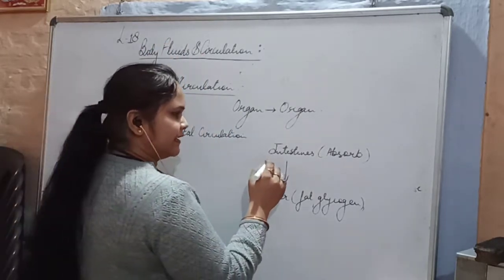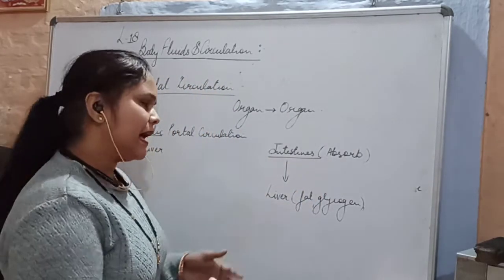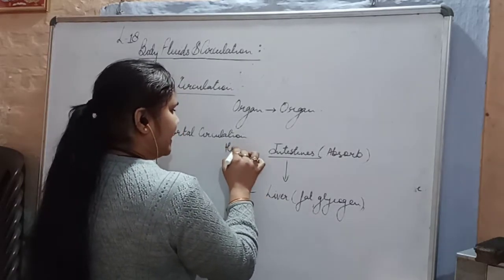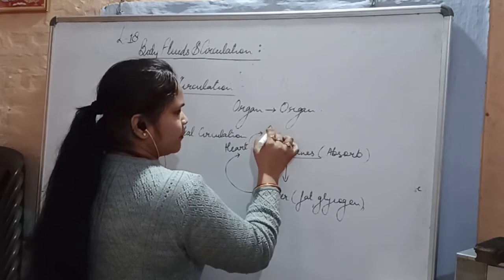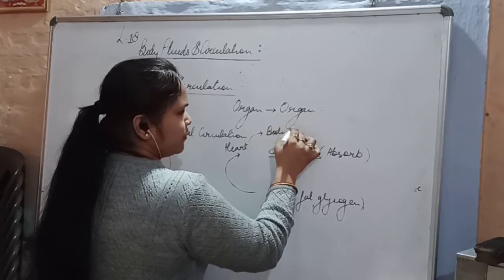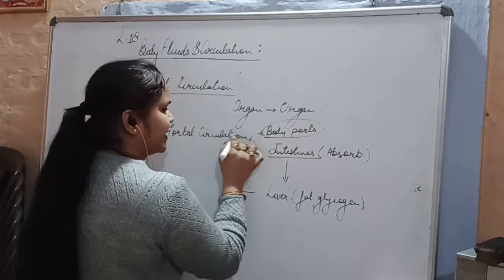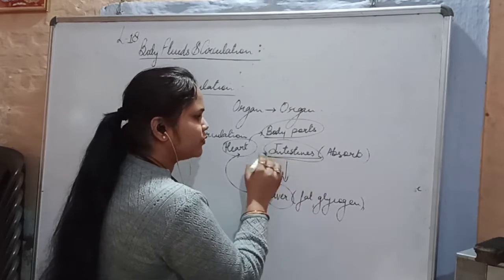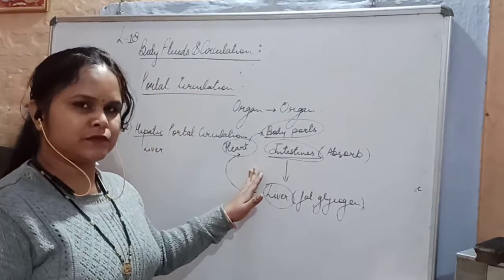So the intestines transfer some of their nutrients directly to the liver, and from the liver it will reach the heart. Then the heart is going to pump everything to other body parts. So what is happening here is we are basically doing the unloading of certain nutrients which we don't want to be transported to all parts of the body.